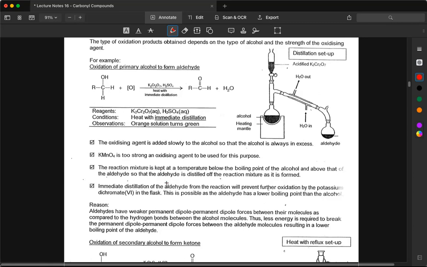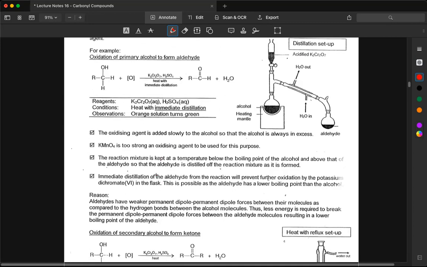So this reaction mixture will be kept at a temperature below the boiling point of alcohol and above that of aldehyde, so that the aldehyde is distilled off when it is formed. When the temperature is kept above the boiling point of aldehyde, the aldehyde will be able to separate out from the alcohol.